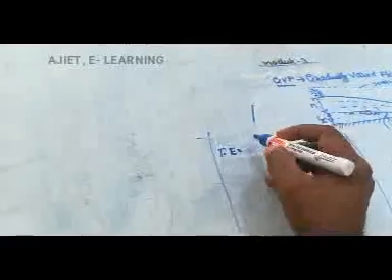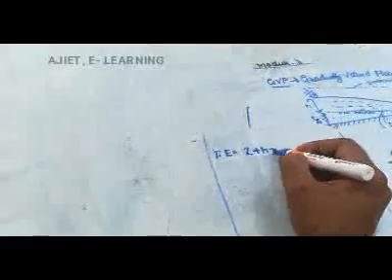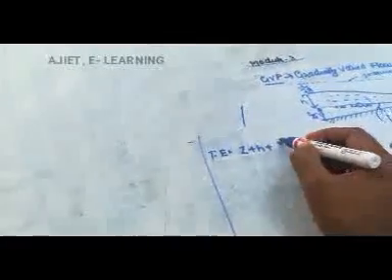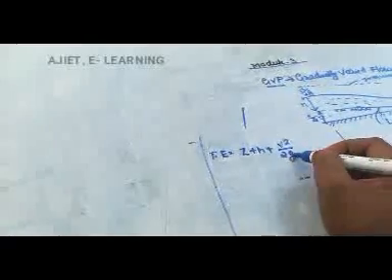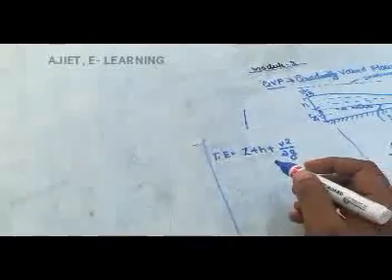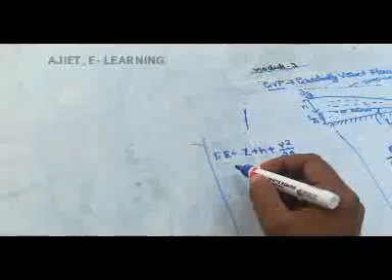Next we know the total energy, z plus h plus v square by 2g, total energy line, that we have in the equations.